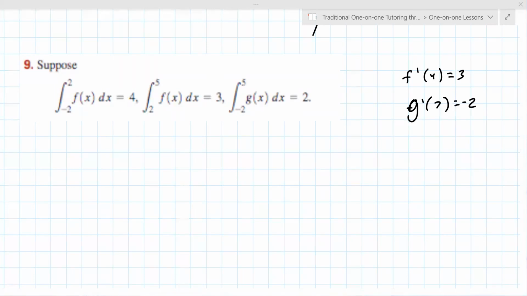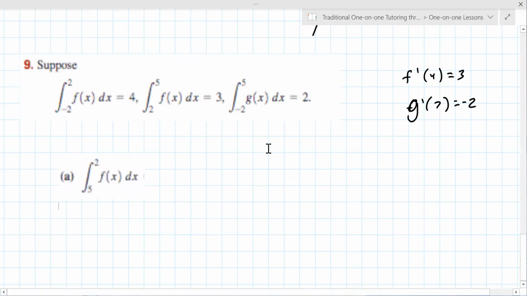Okay, so part A is the integral from 5 to 2 of f of x. So it's referring to this one right here. Okay, and there's this property that this equals negative the integral from 2 to 5 of f of x dx.